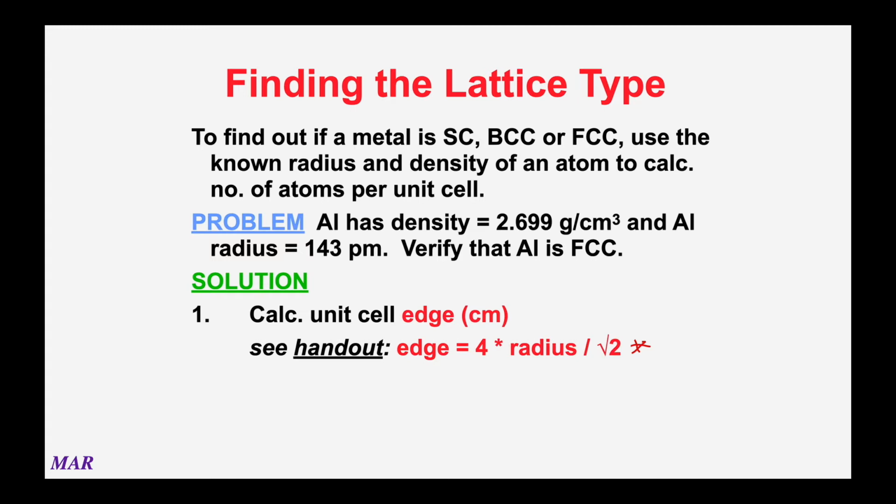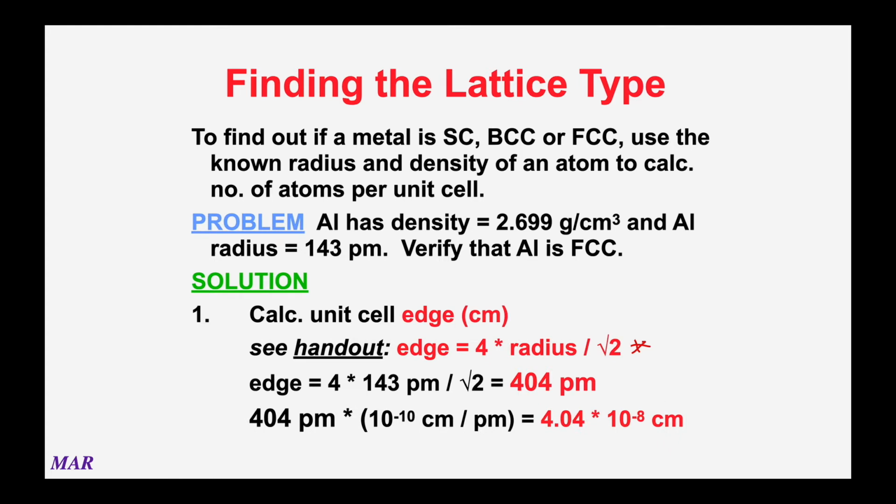So let's start with the edge equals 4 times the radius divided by square root of 2. The radius of the aluminum atom, 143 picometers. Now, a picometer is a metric prefix. Pico is 10 to the minus 12. So a picometer is 10 to the minus 12 meters.